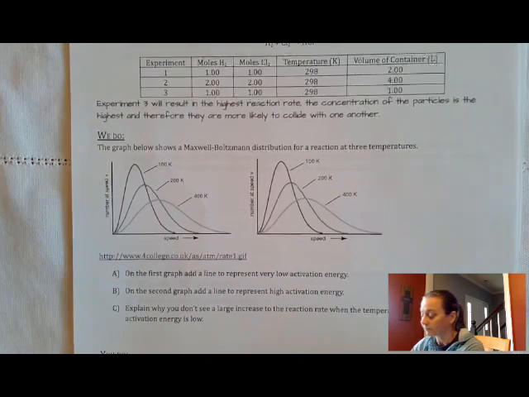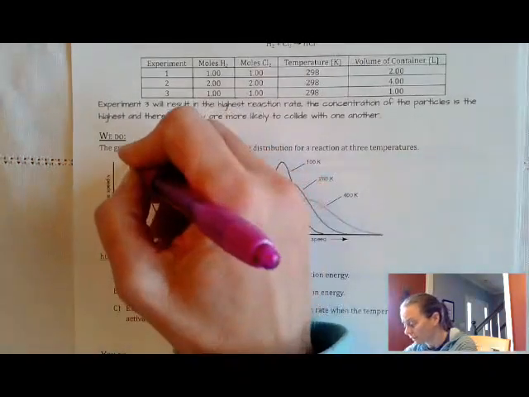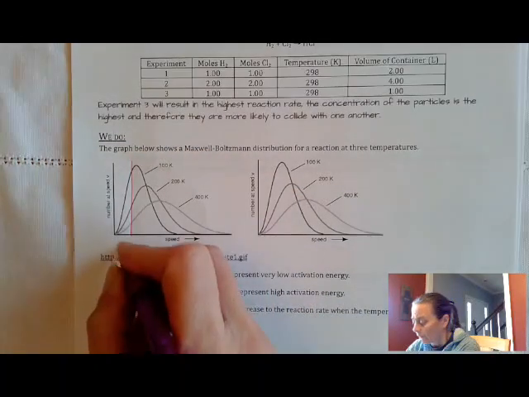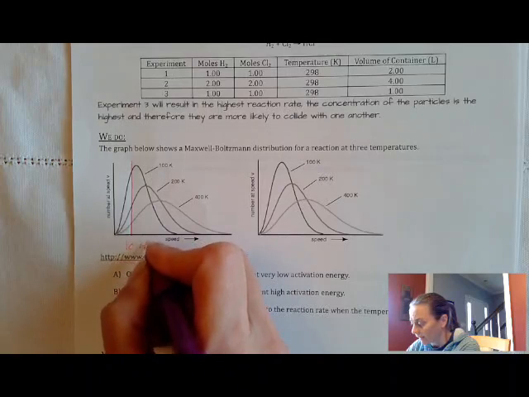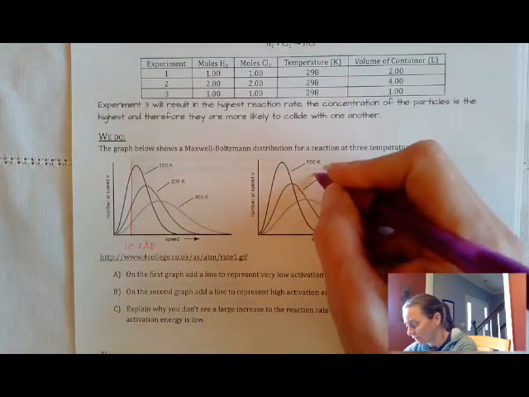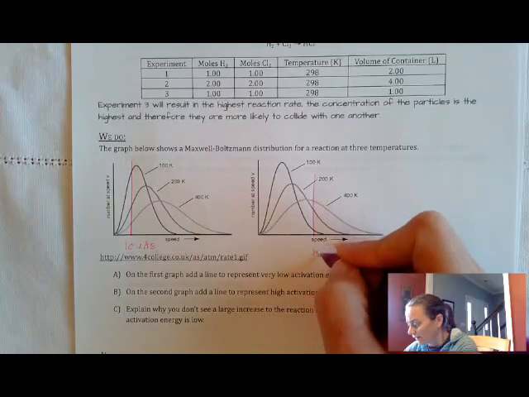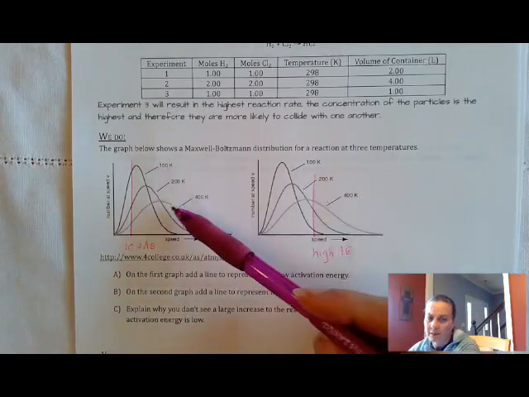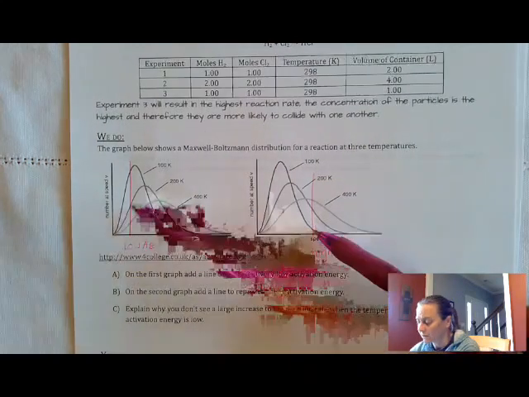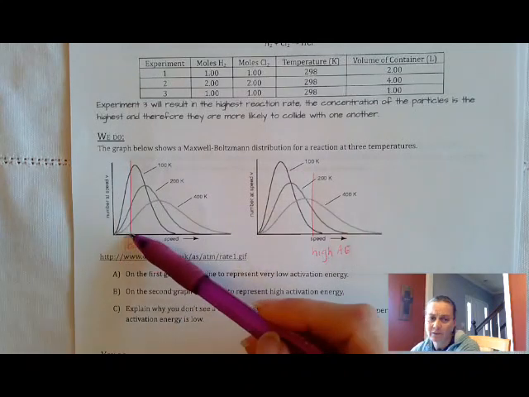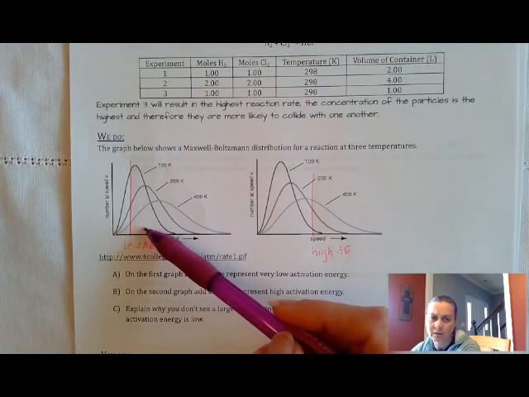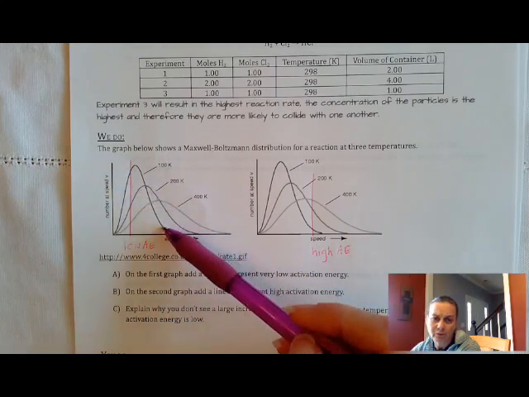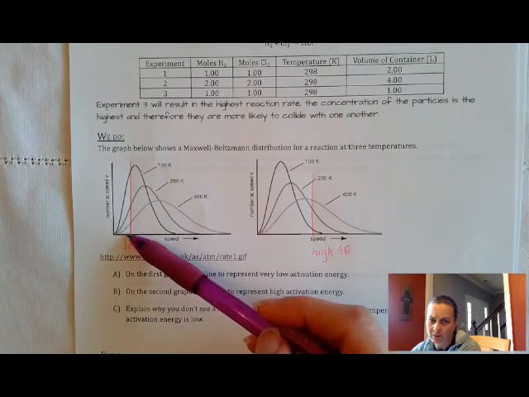So if I have a low activation energy, this is a low activation energy. And then if I have a high activation energy, that line is going to be much farther to the right. So this is my low activation energy, this is my high activation energy, and you can see that when you have a low activation energy, even those particles that are moving slowly, or at a low temperature, most of those particles still have more than the activation energy.